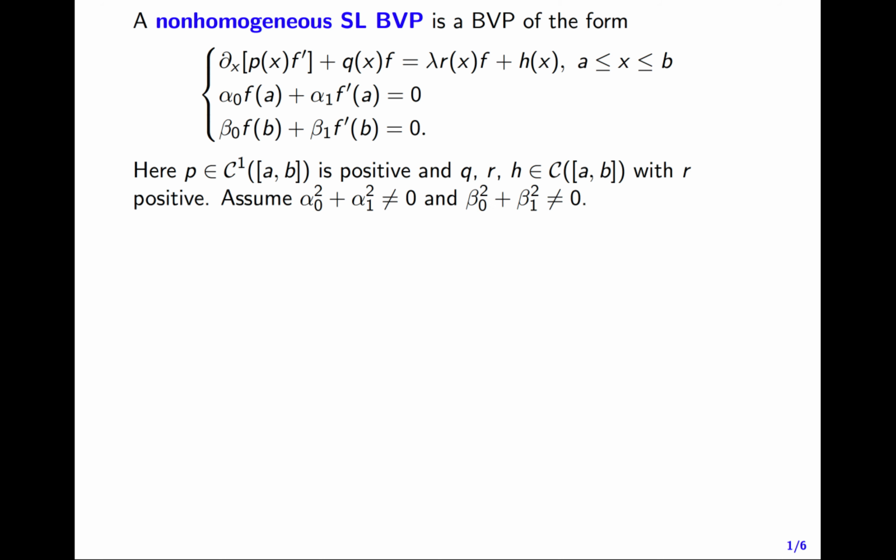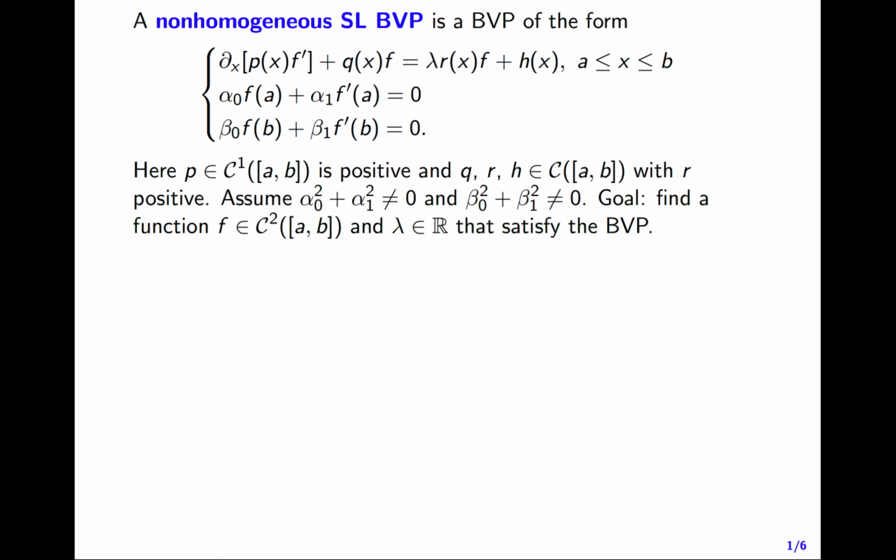We assume, as before, that not both of alpha 0 and alpha 1 are 0, and not both of beta 0 and beta 1 are 0. Our goal is to find a function f solving this problem, as well as the parameters lambda that might work.